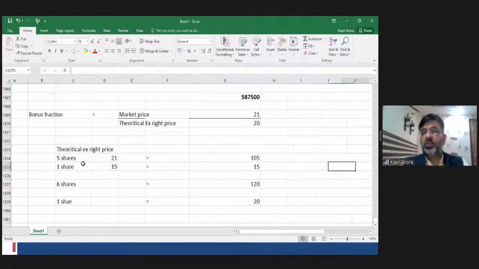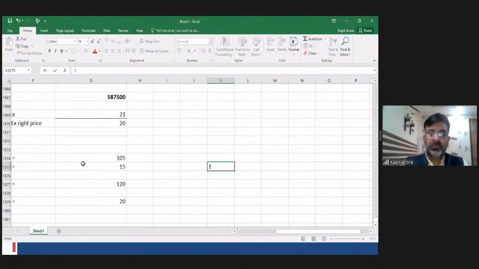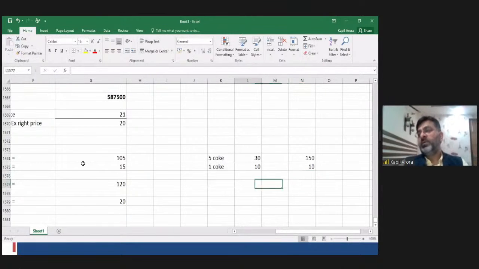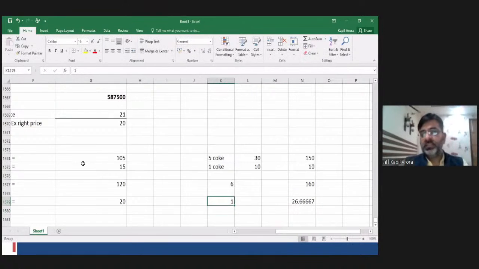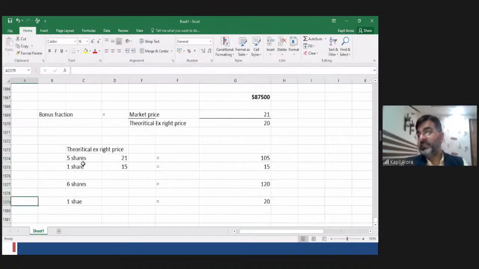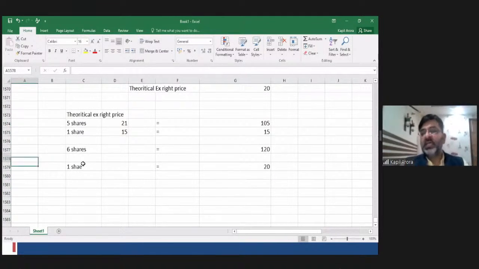So to get one bottle of Coke for 10 rupees, first you need to buy 5 bottles of Coke. So you need to spend 150 to get this one bottle. So these 6 bottles would cost you 160. What is the price of one bottle? 160 divided by 6. Now replace the Coke with the share. You get the right answer. Is that okay with everyone? So this is how we got the bonus element.